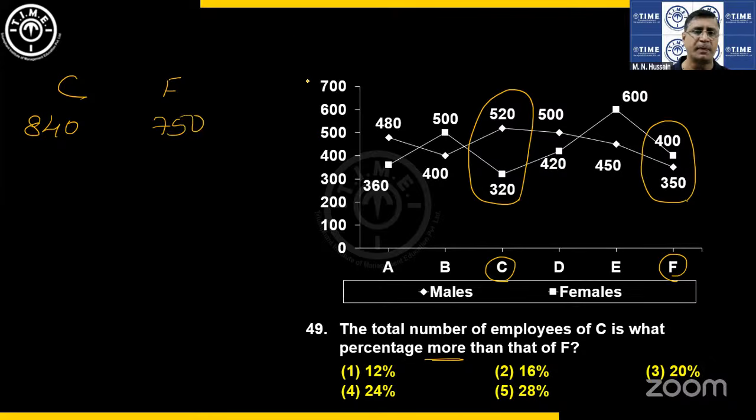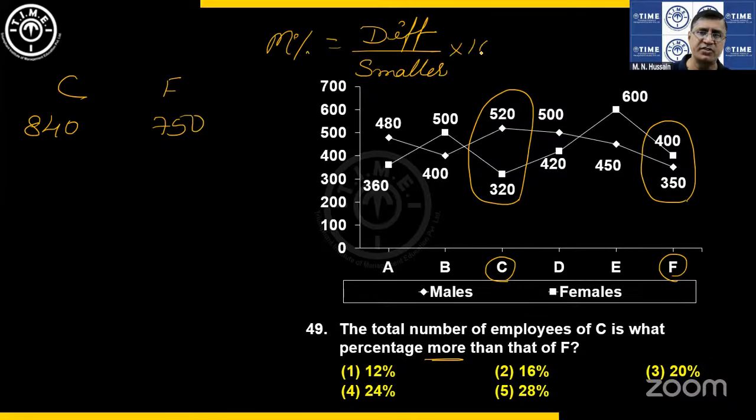To find percentage more, it is the difference by the smaller value into 100. So how much is the difference here? 840 minus 750, that is 90.